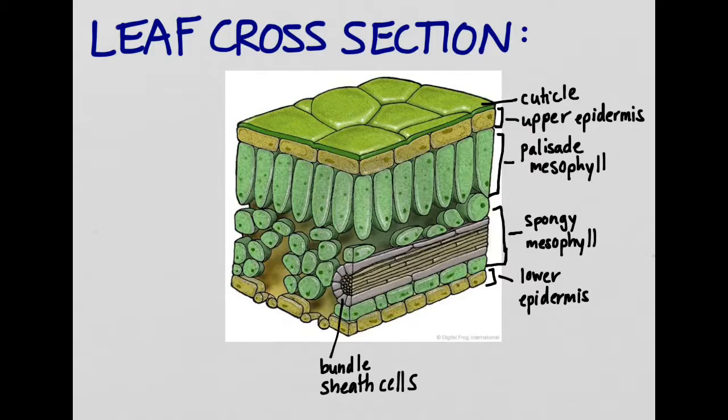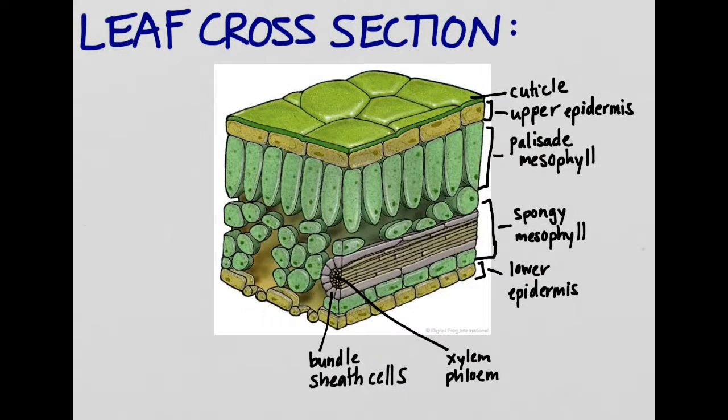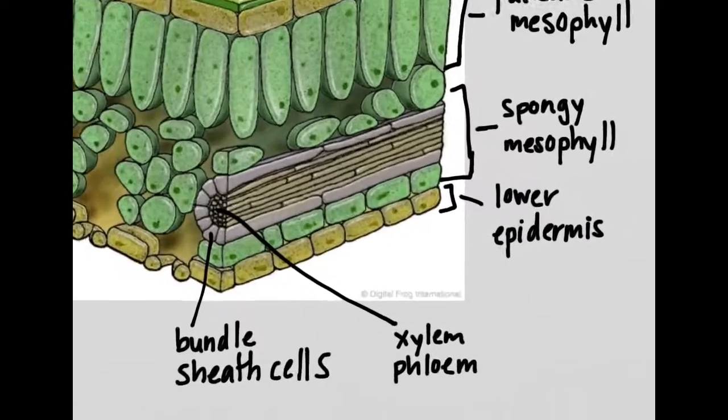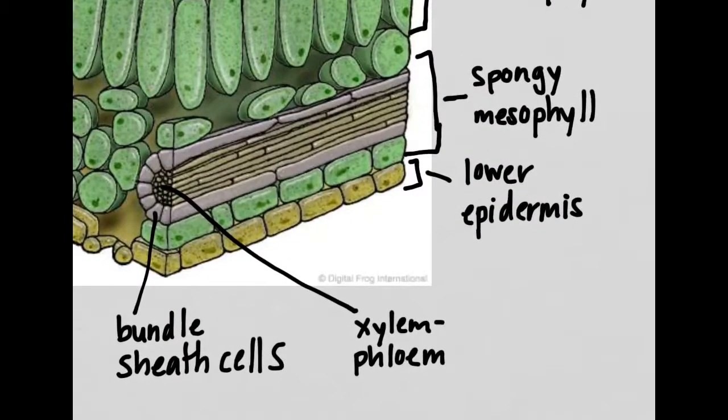They will create a circle around two structures called the xylem and the phloem. This leaf cross-section doesn't do a good job of differentiating between xylem and phloem, but if we zoom in a bit, usually the xylem is going to be shaded a little lighter in diagrams, and the xylem is important because it's transporting water. Then the phloem will be what is transporting sugars, the food for the actual plant.